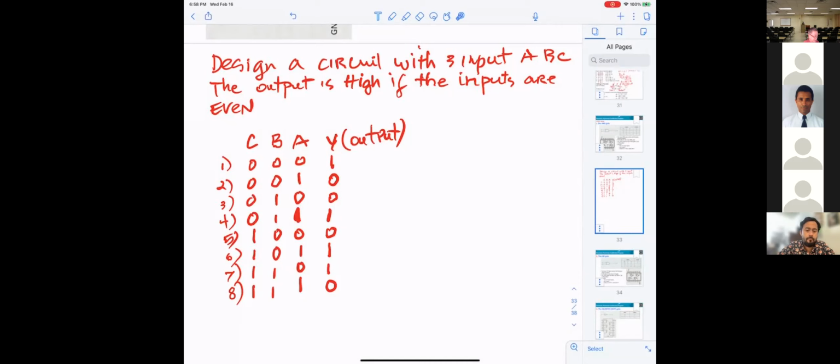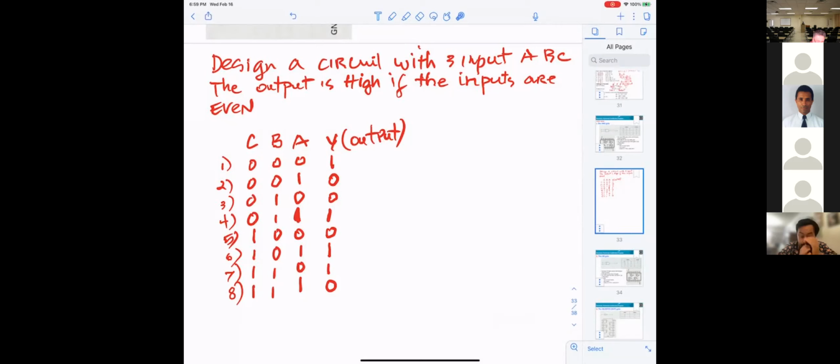So you can go to the red, is it okay or not? Got it, thank you. Okay, so basically you can get that equation at the Y output.